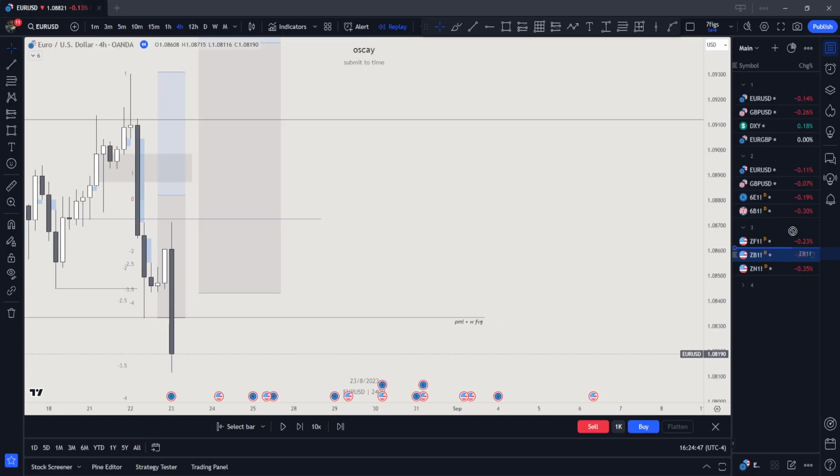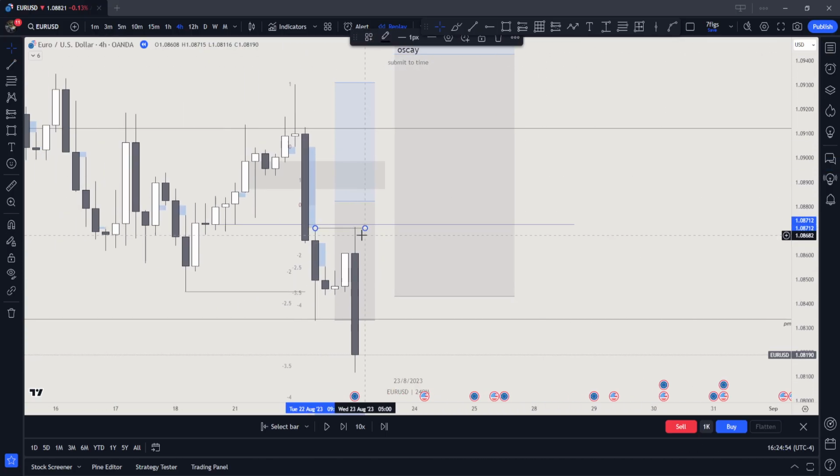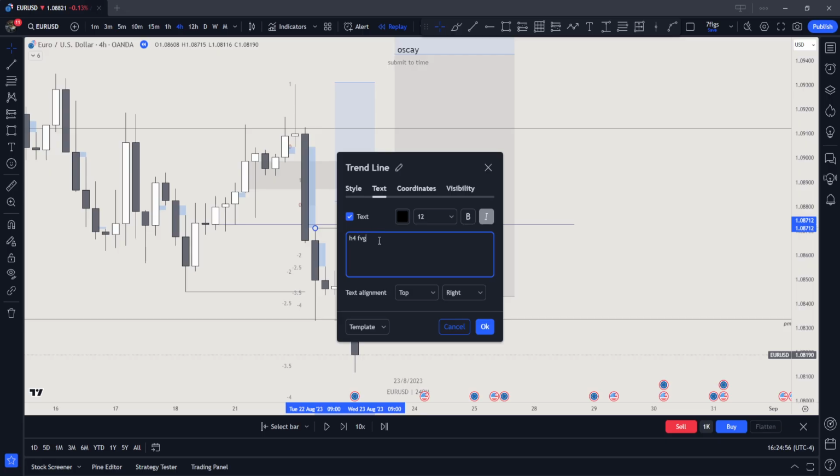Yeah, I don't like that it's leaking the price action, but hey, happens. H4 fair value gap right here.